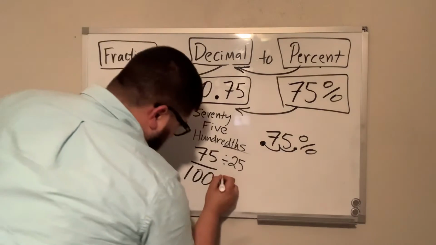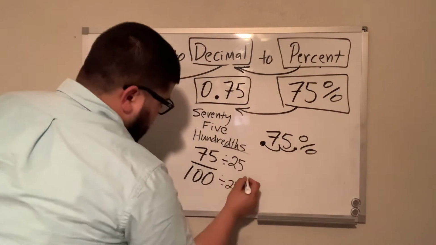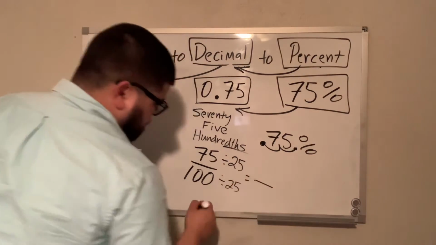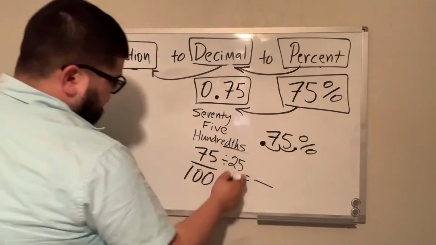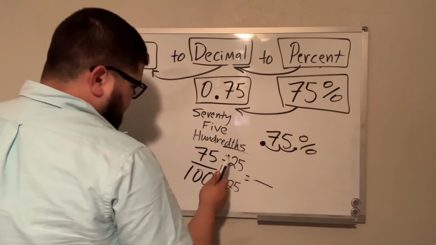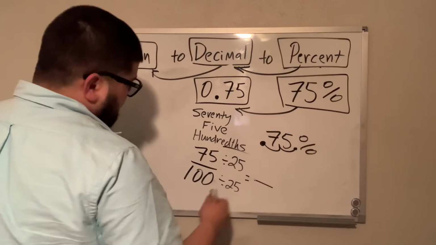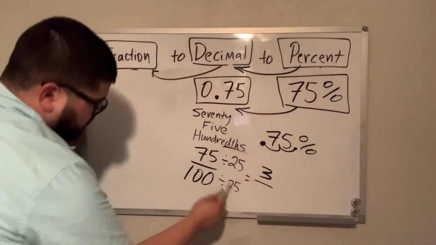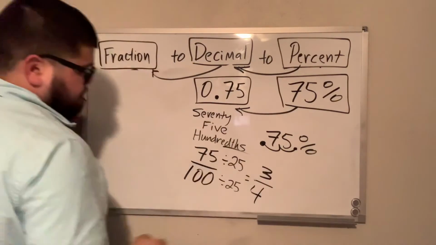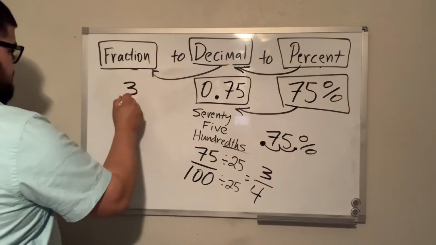Whatever we do to the top, we have to do to the bottom, right? 75 divided by 25, how many quarters will go into 75? 3, right? How many quarters will go into 100, or 100 divided by 25? 4.